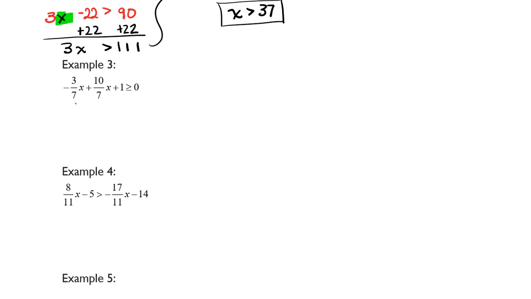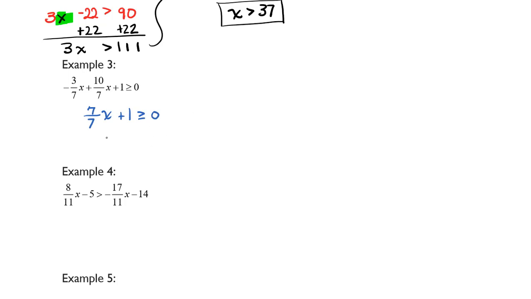Let's look at example 3. We have negative 3/7 x plus 10/7 x plus 1 is greater than or equal to 0. We can add them together because they have the same denominator, so that's helpful. Let's go ahead and do that. Negative 3/7 x plus 10/7 x would be 7/7 x plus 1 is greater than or equal to 0.